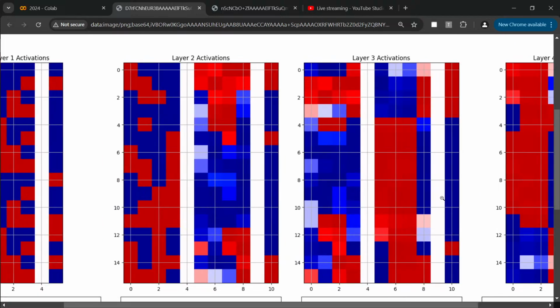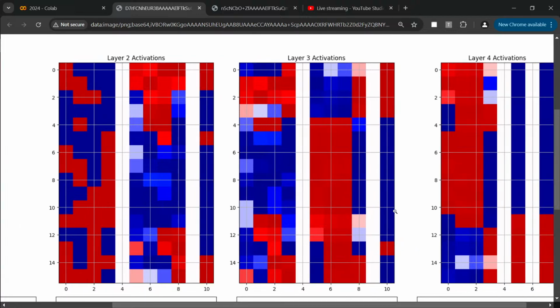Okay, so let's go back a layer. Let's see if I can remember. Oh yeah, I remember this layer. So again, these rows and these rows are the same rows, right? This is the output of layer 3, which is the input to layer 4.